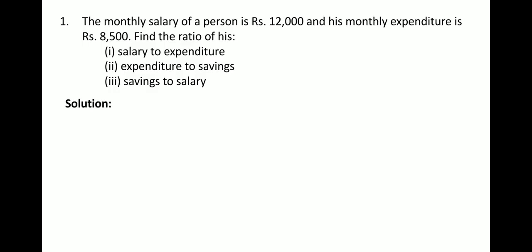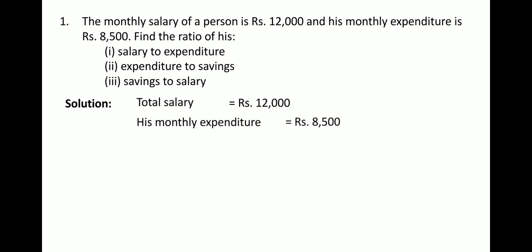It's given that his monthly salary is rupees 12,000 and his monthly expenditure or expenses is equal to rupees 8,500. So if his expenditure is rupees 8,500, then we can calculate his savings, which is equal to rupees 12,000 minus rupees 8,500, which is equal to rupees 3,500.